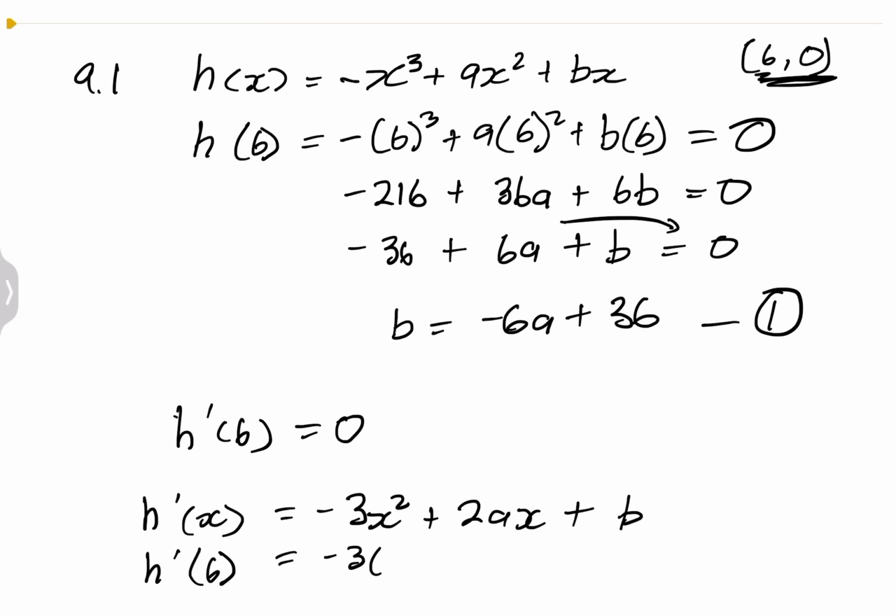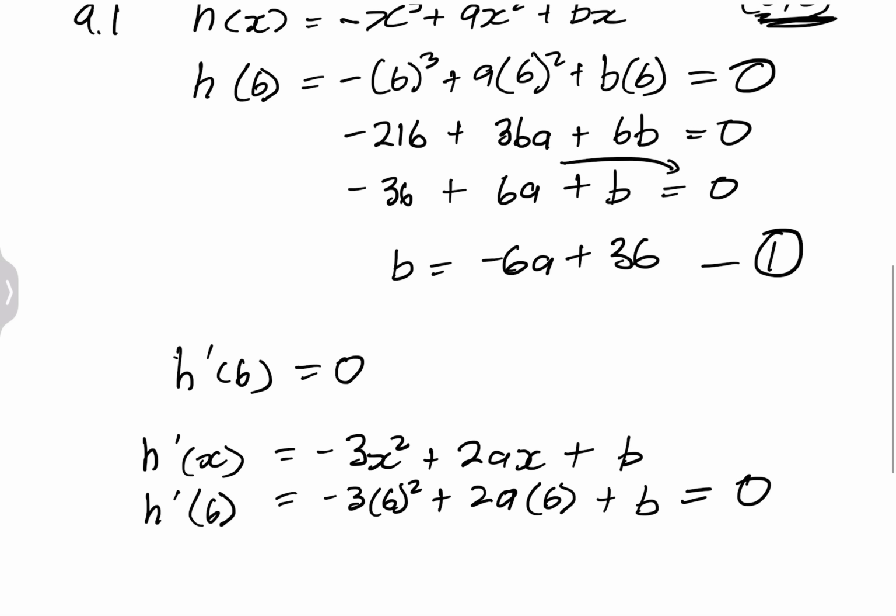That's minus 3 times 6 squared plus 2 times a times 6 plus b, all of this equal to 0. Remember, that's at the turning point. So we've got 36 times 3, which would be minus 108, plus 12a plus b, and this is equal to 0.